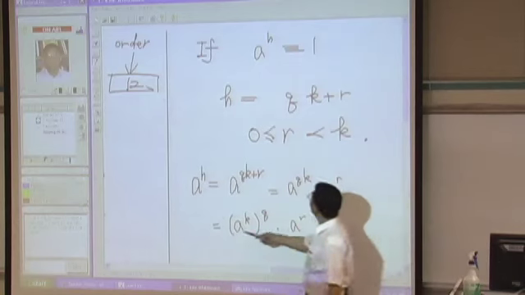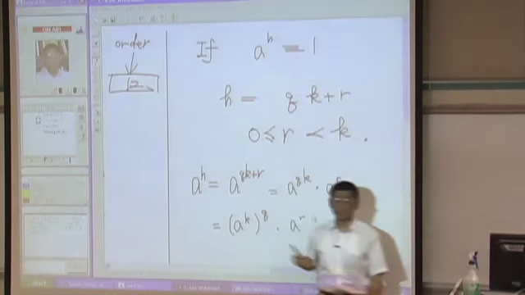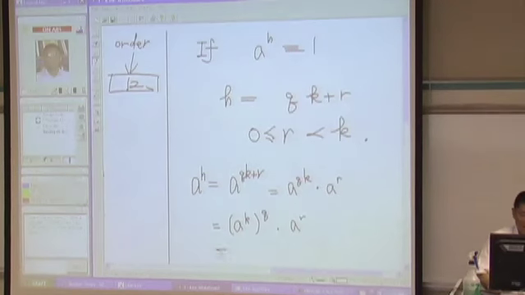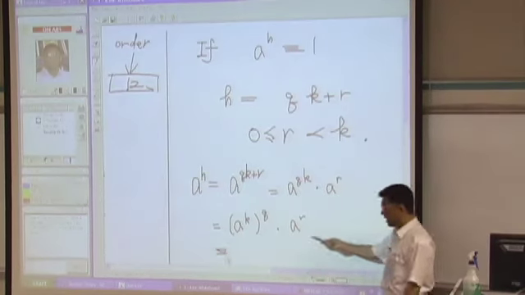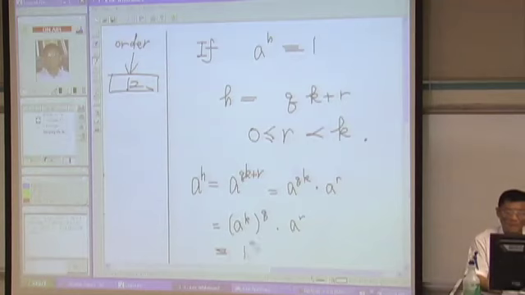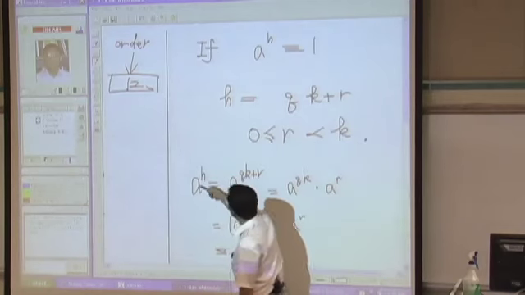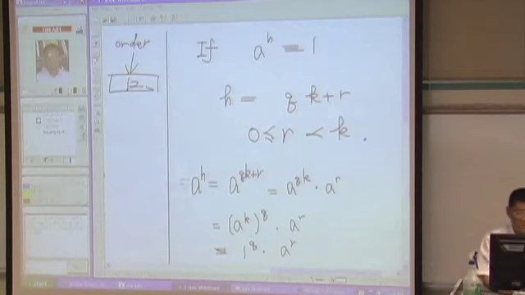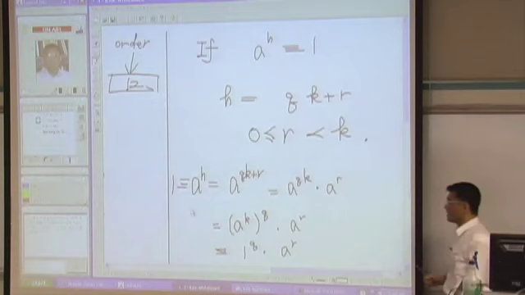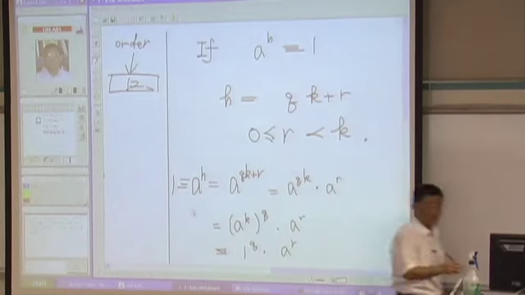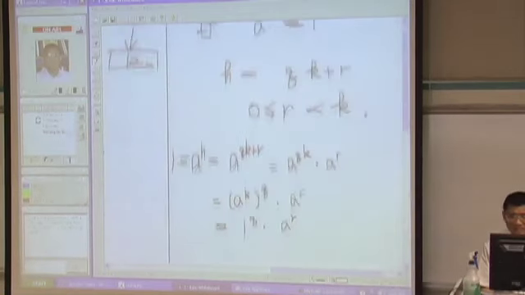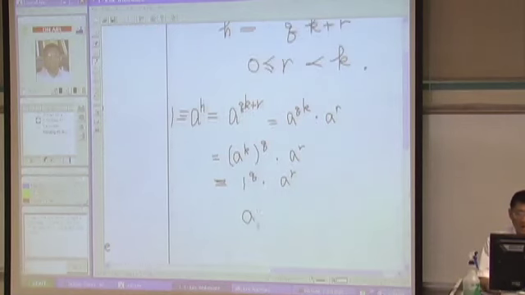And a to the power of k, by definition, is congruent to what? 1. So 1 multiplied q times, and then a to the power of r. And then, by the condition, this is congruent to 1. By this condition, it's congruent to 1. So because of this, a to the power of r is congruent to 1 mod n.